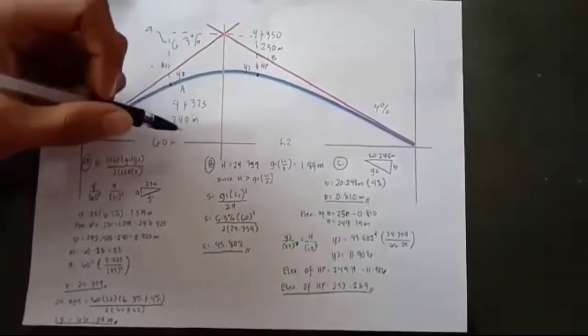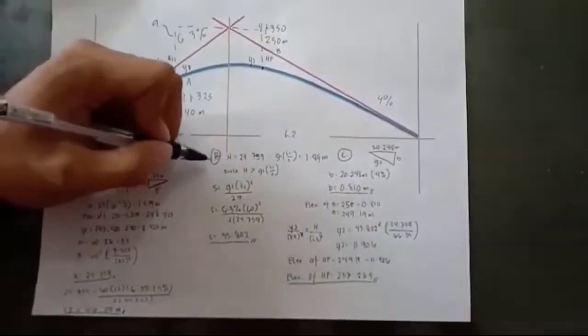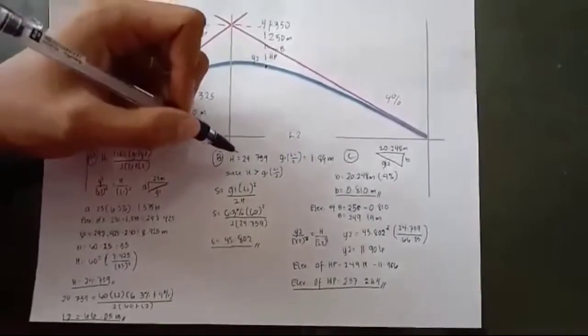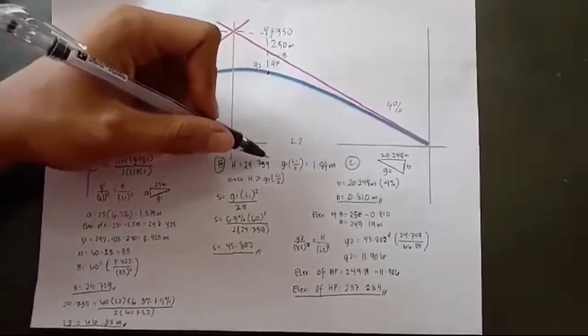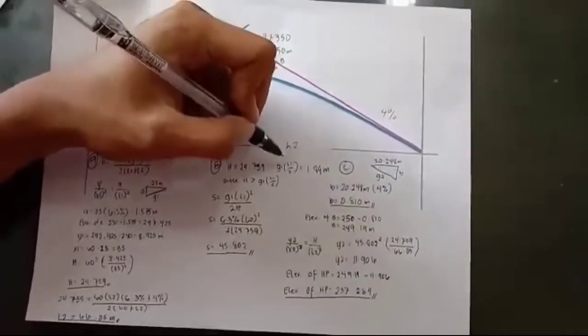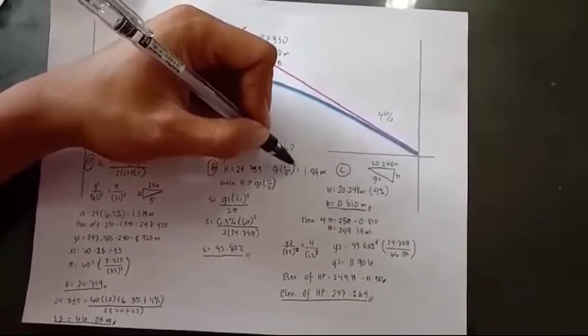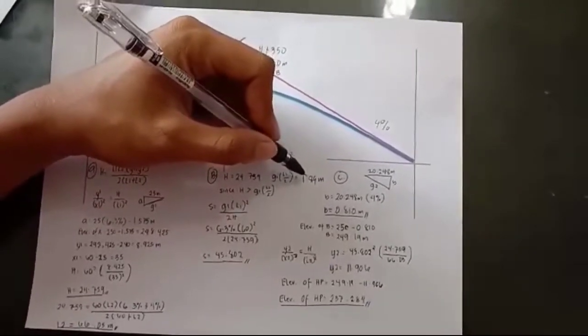So in letter B, we are determining the stationing of the highest point. So letter B, H is equal to 24.759 from here. Then G1 multiplied by L1 over 2 is equal to 1.89 meter.